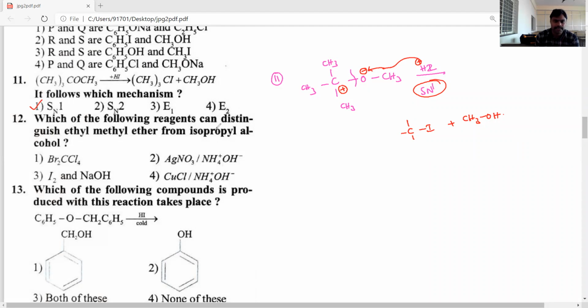Next, which of the following reagents can distinguish diethyl ether and isopropyl alcohol? Isopropyl alcohol, CH3-CH(OH)-CH3, and ethyl methyl ether, CH3-CH2-O-CH3. These can be distinguished by the third reagent, iodine and base. The ether gives no reaction, but the alcohol gives the iodoform test.